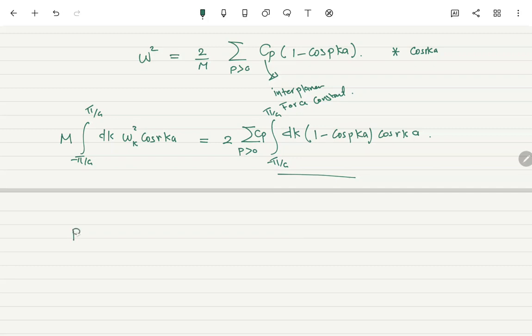Now when p equal to r, in this case here, Cp equal to minus ma over 2 pi integration from minus pi over a to pi over a dk omega square k cosine pka.